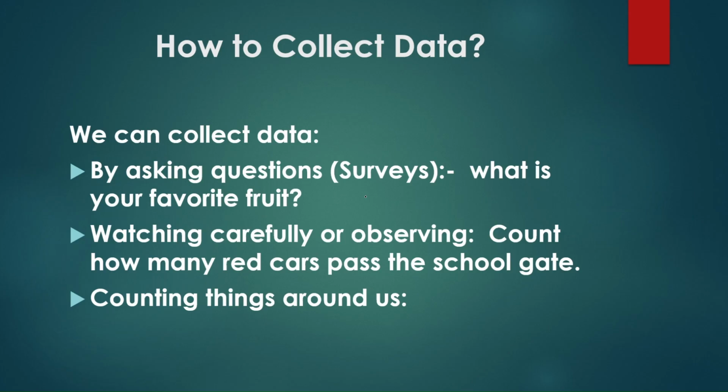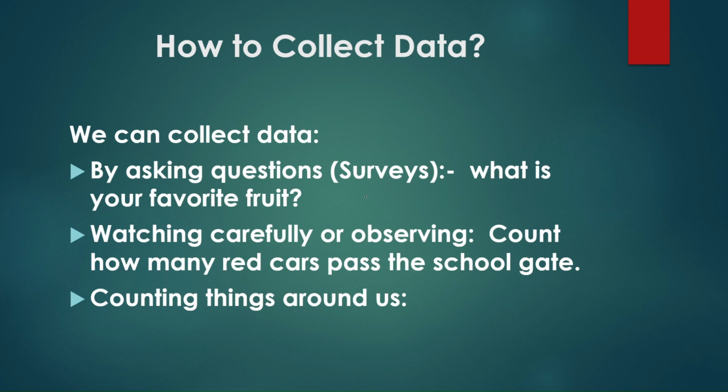Then is how to collect data. We can collect data in many ways, like by asking questions. The special term for asking questions is surveys, like what's your favorite fruit? Who is your best friend?